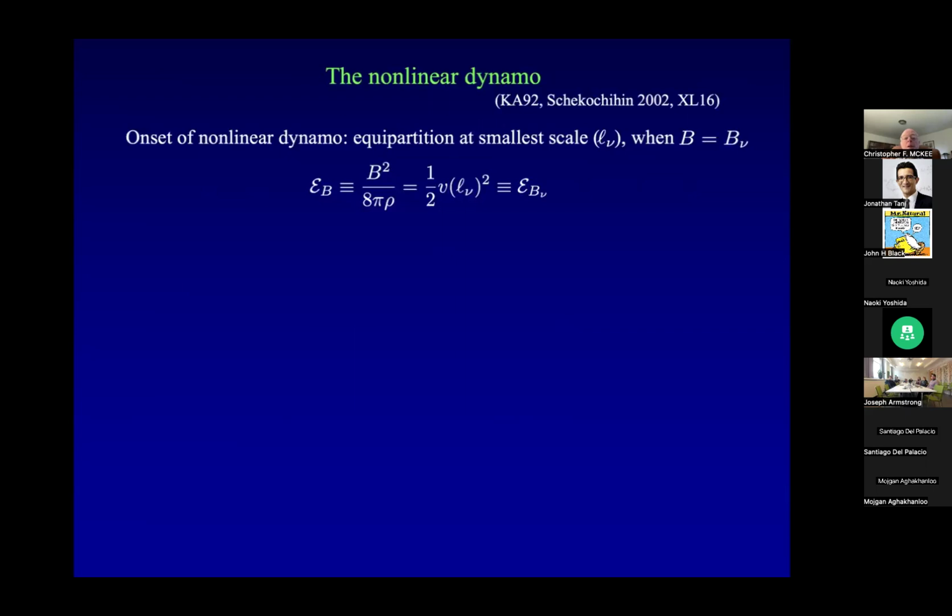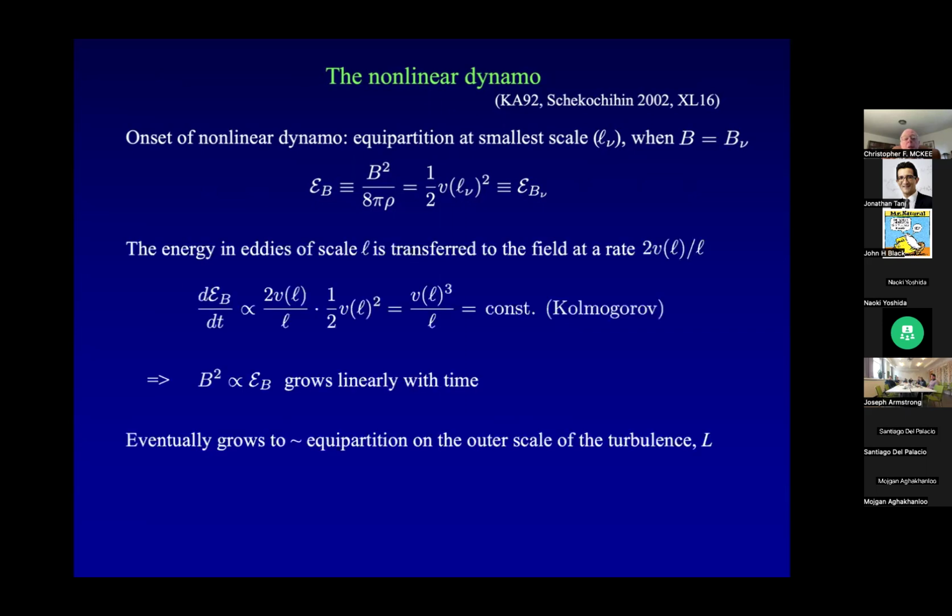Then what happens when the magnetic field grows to the point that you get equipartition on the scale of this L sub nu, the viscous scale? Then you enter a nonlinear phase. This can occur when the magnetic energy is order 1/2 V squared on that scale.